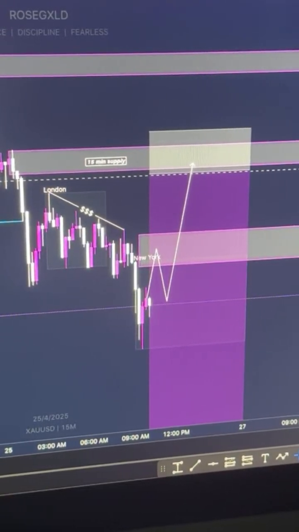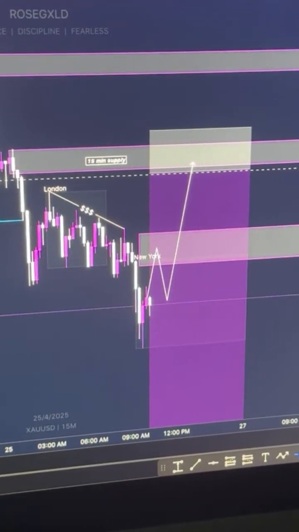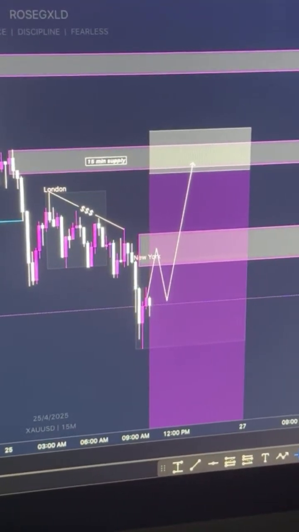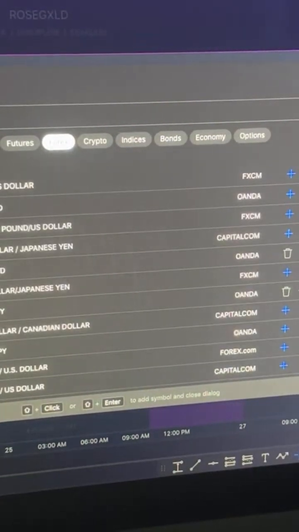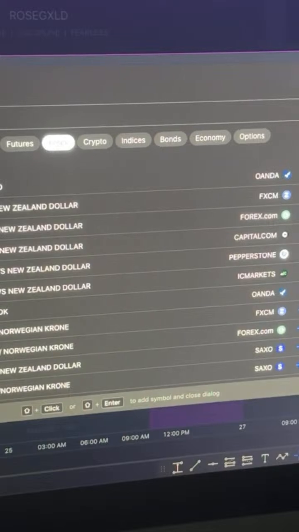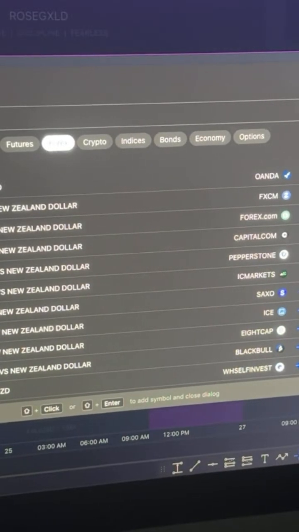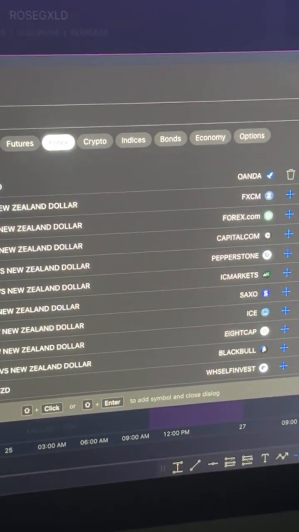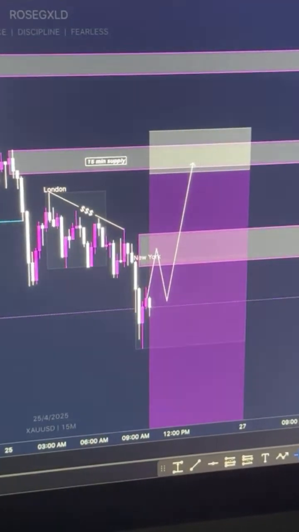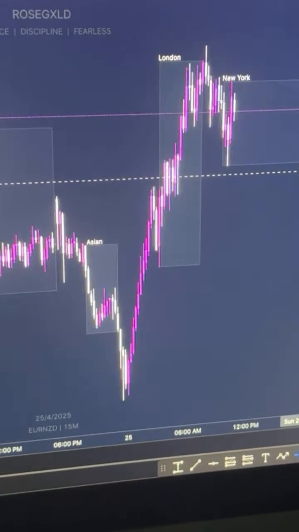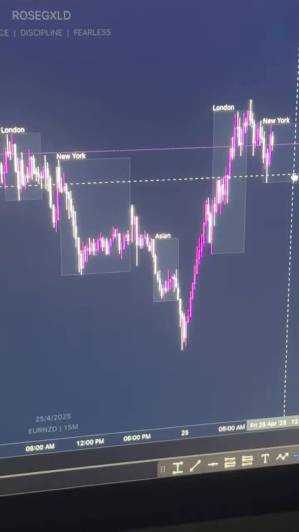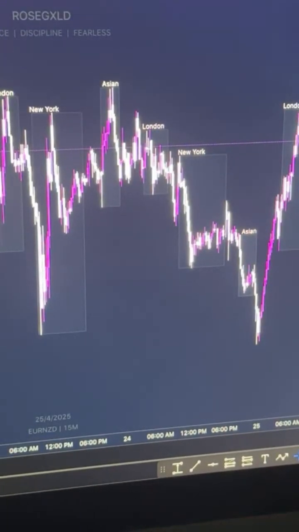Euro New Zealand, my brother. Alright, so I can go check that out. I look at the daily first thing first on this pair.